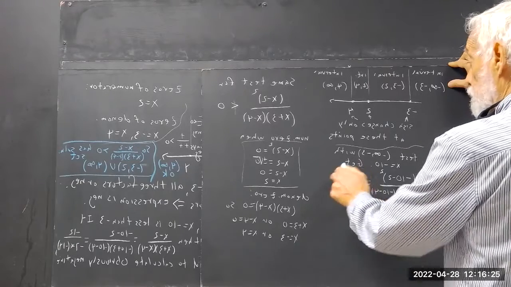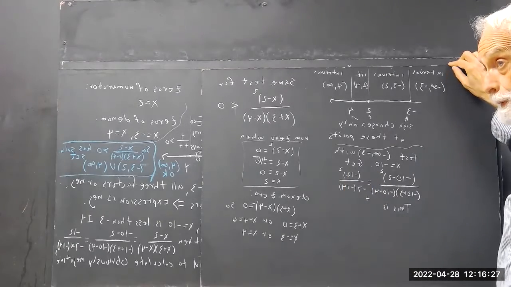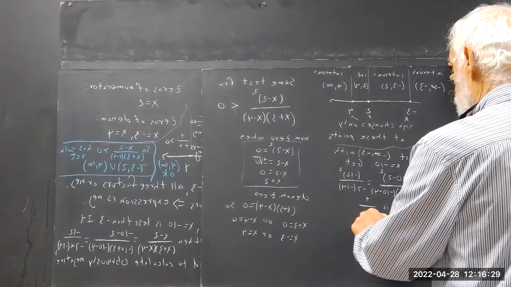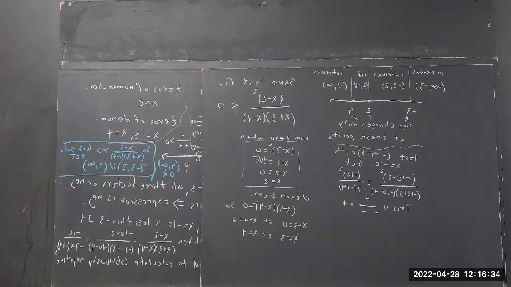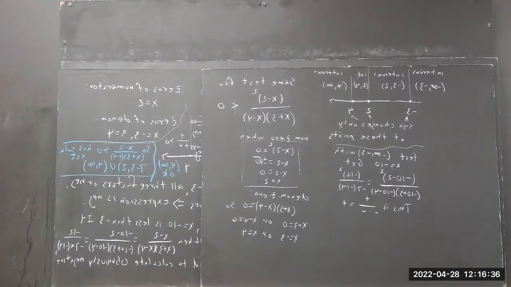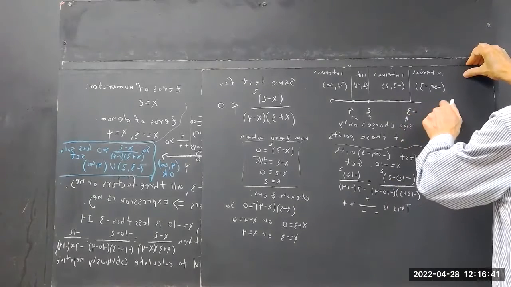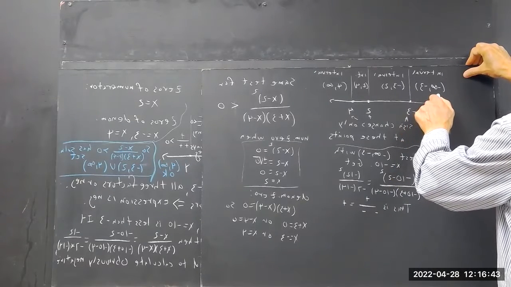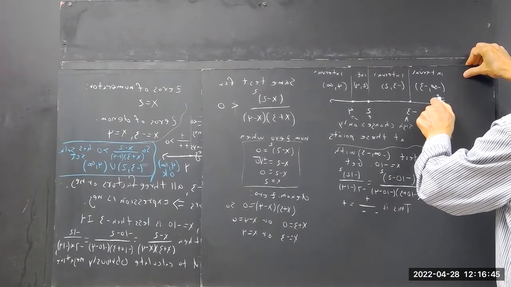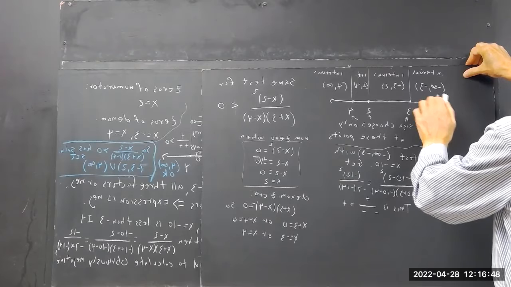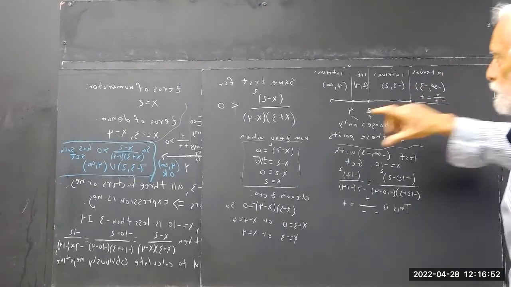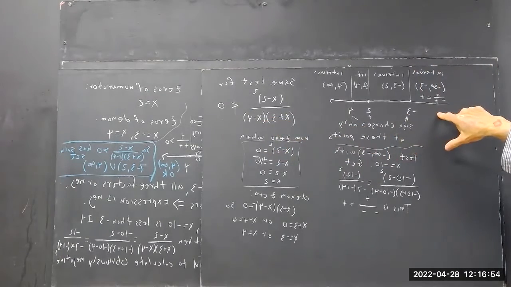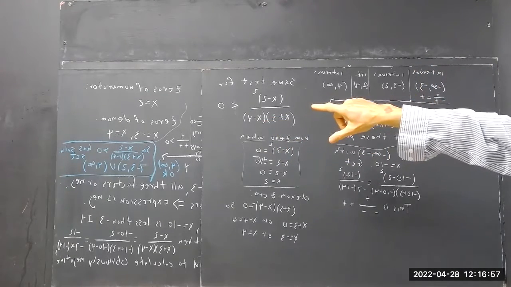This is positive because you square any number, you're going to get a positive, right? Over a negative times a negative equals positive, right? So this thing is greater than 0 on this interval, so this interval is not part of your solution.